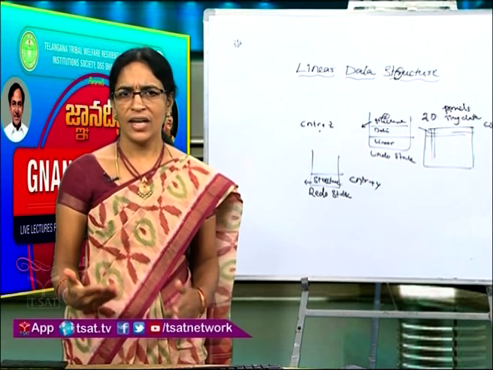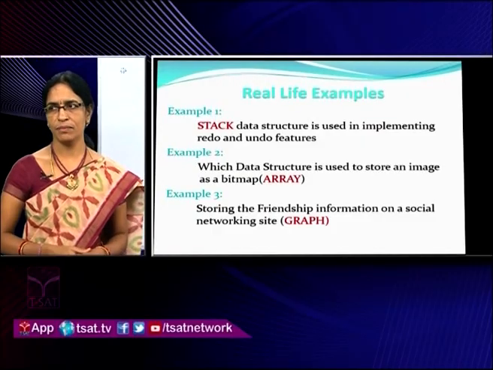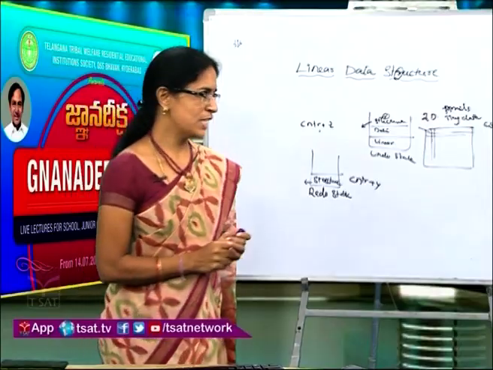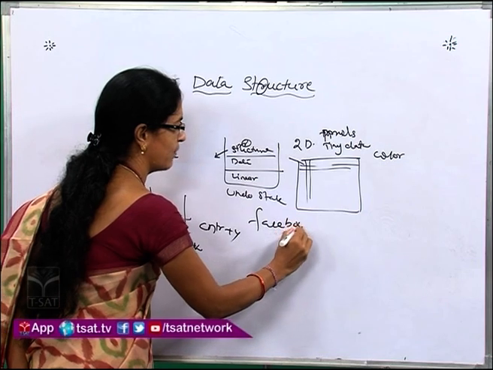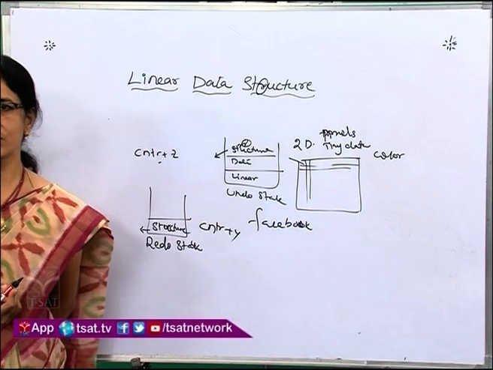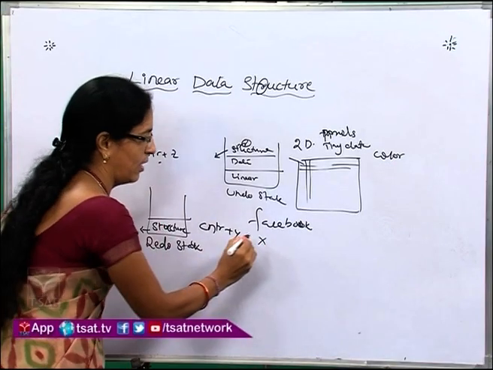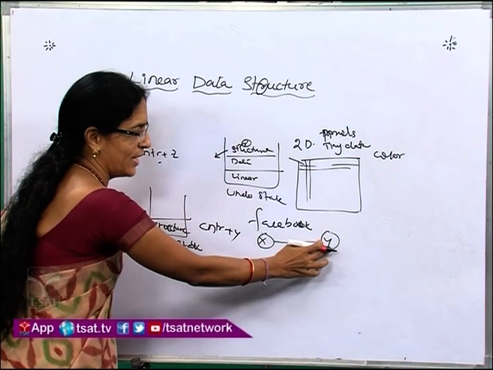Coming to another example of a data structure, storing friends' information on a social networking site. For example, take Facebook, which is a social networking site. Here suppose X is some person, and Y is some other person.